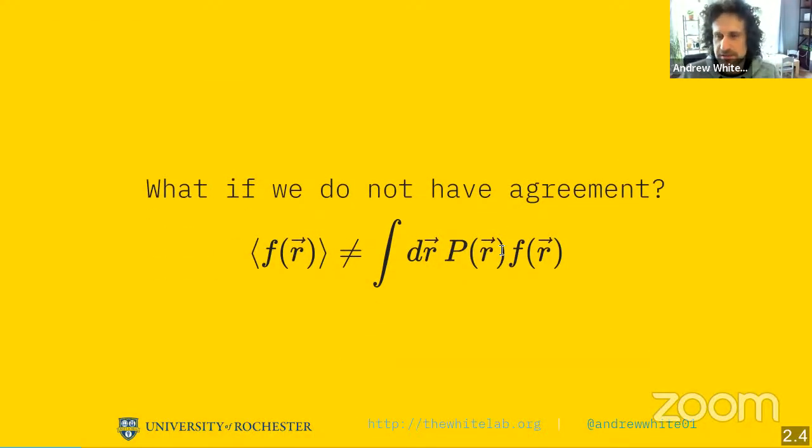What happens if we don't have an agreement? That is, if we have some measurement and that measurement doesn't agree with the ensemble average. For example, if we measure chemical shift in an experiment and it doesn't agree with what our simulation shows, or we know the radius of gyration of a protein, or something like the number of hydrogen bonds, any time we have disagreement, how can we fix that?